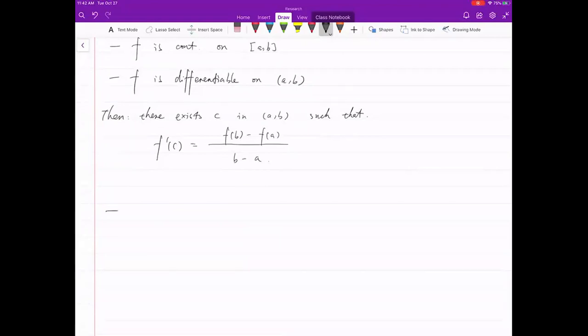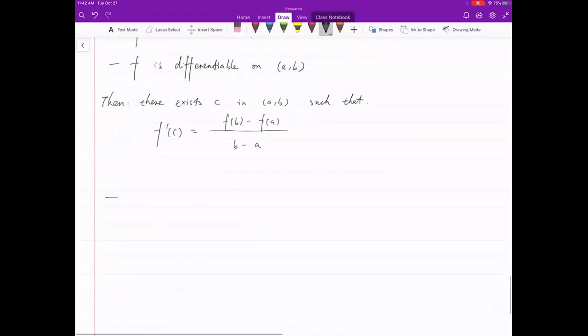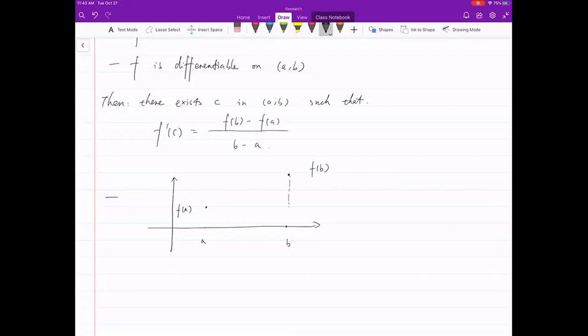Well, number one, this is what it means. Suppose you have a function on an interval a and b. Of course, you have f(a). Of course, you have f(b). Once you know these 2 points, the starting and ending points, you already know f(b) minus f(a) divided by b minus a.